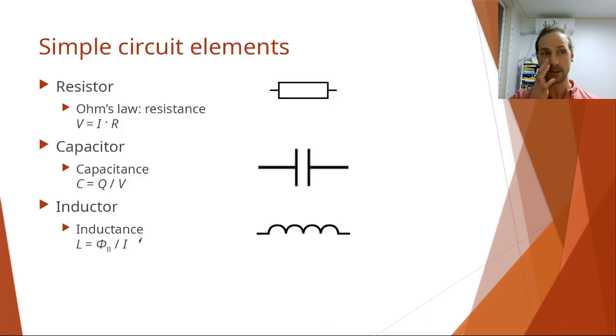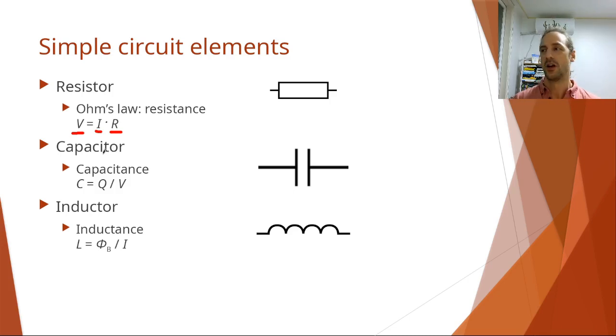Let's take a look at the simple circuit elements. The field effect transistor is definitely not a simple one. So we have resistors. In a resistor we have the current flowing through, and the current, which is I, will be related to the bias or the voltage between these two terminals by R, the resistance, and this is Ohm's law.